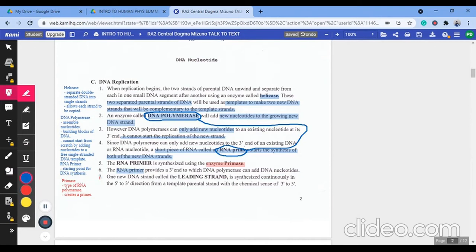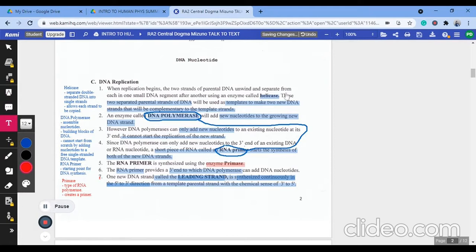So one new DNA strand, called the leading strand, is synthesized continuously in a 5 to 3 direction from a template parental strand with a chemical sense of 3 to 5.